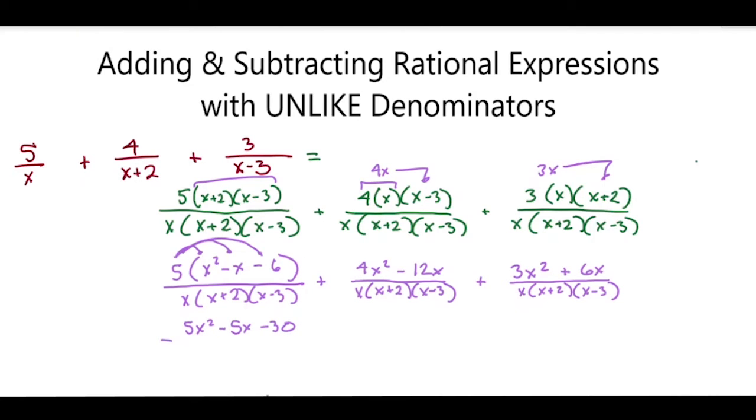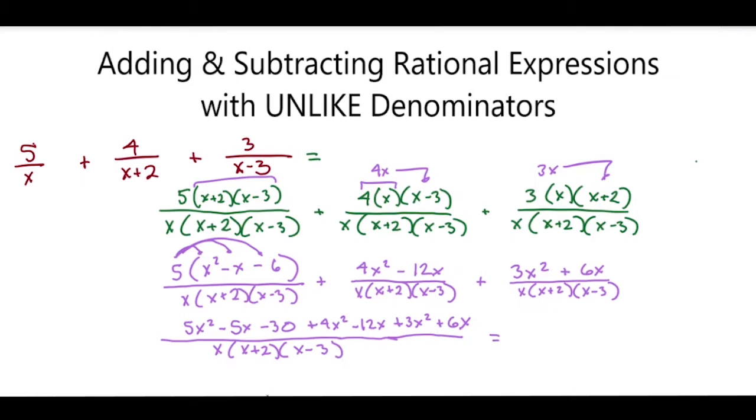And so I'm going to make one fraction so I don't have to keep rewriting the denominator. And that'll be plus 4x squared minus 12x plus 3x squared plus 6x all over our denominator, which is x times x plus 2 times x minus 3.